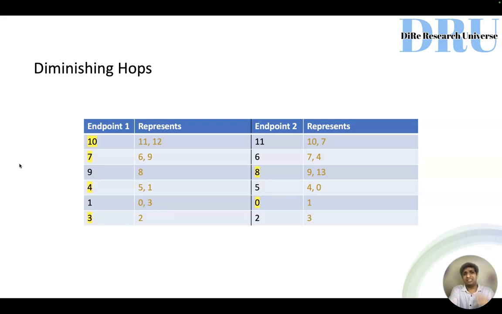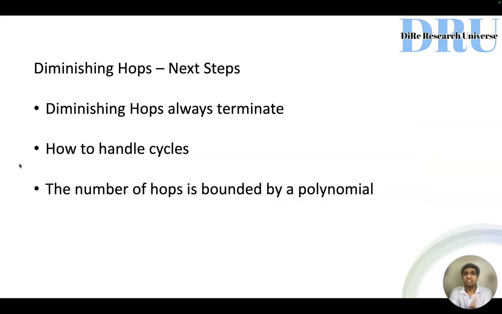So this is basically what I meant by the lemma that I had shared earlier, and that lemma in conjunction with another lemma that is already proposed in the preprint that I had shared earlier, we will definitely get the minimum size vertex cover. However, there is some work that needs to be done for diminishing hops.